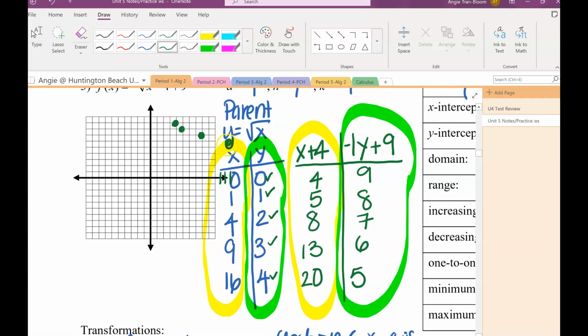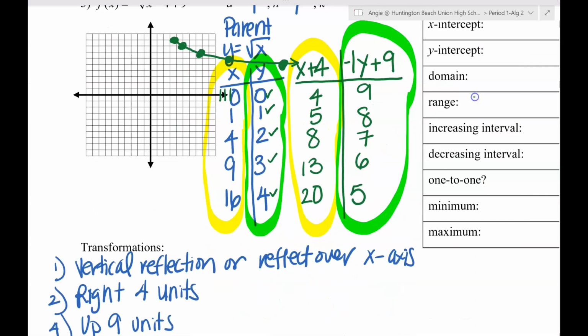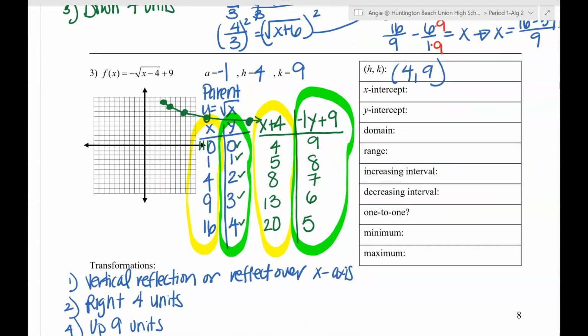Now if you want to, you can extend your 20, 5, or you can just eyeball it. If that's 10, 20, 5 is over here, just like that. This is what it looks like. I'm making my dots bigger. There you go. It looks like an upside down eyebrow curve because we did say that it was going to have a reflection. So let's fill out the chart.